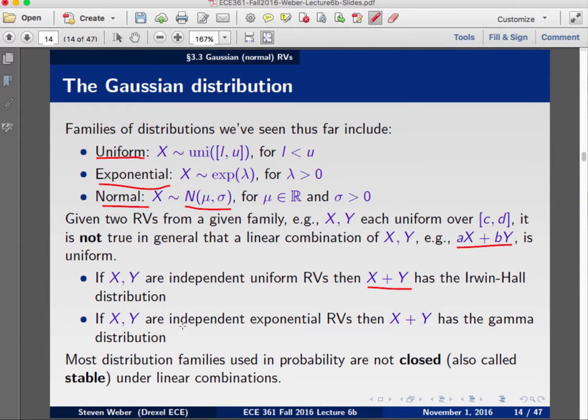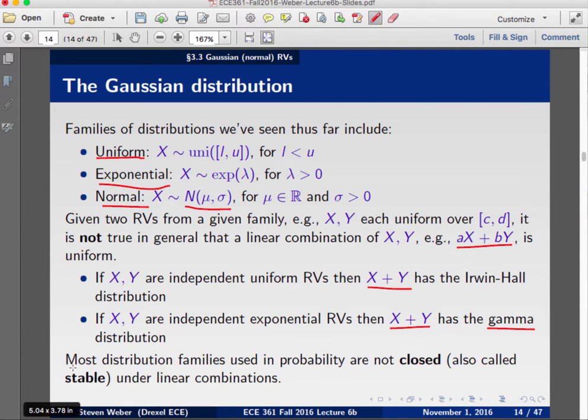If x and y are independent, say unit rate exponential random variables, then x plus y is not an exponential random variable. In particular, x plus y now has the gamma distribution. Again, we haven't talked about the gamma distribution, and I'm not asking you to learn about it. The only point is to understand that this linear combination of independent random variables has led to a new random variable which is not in the same family as x and y are from.